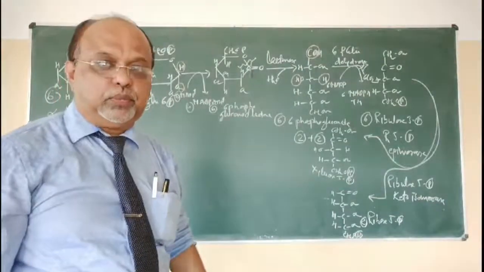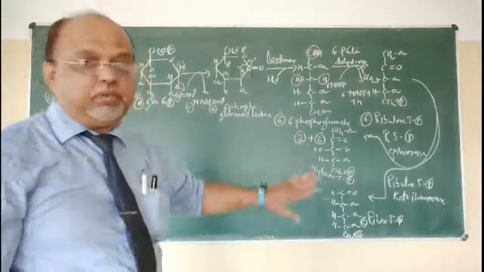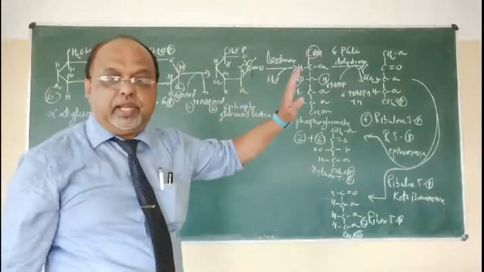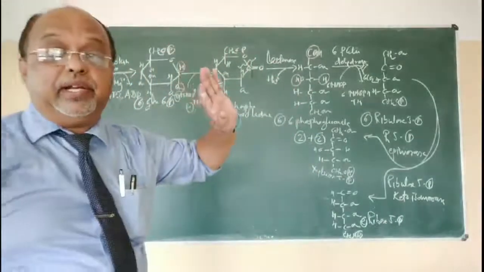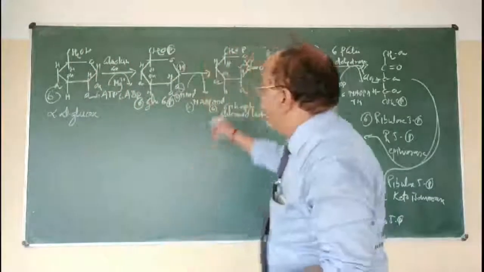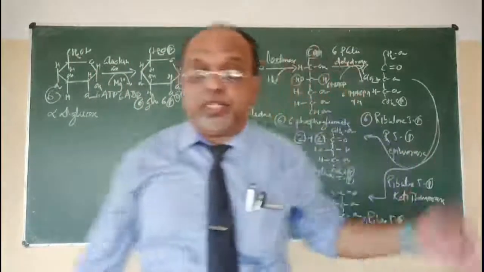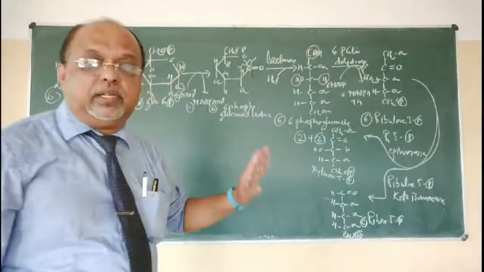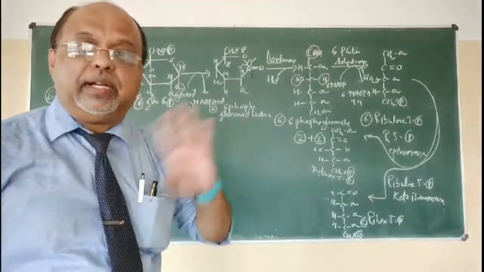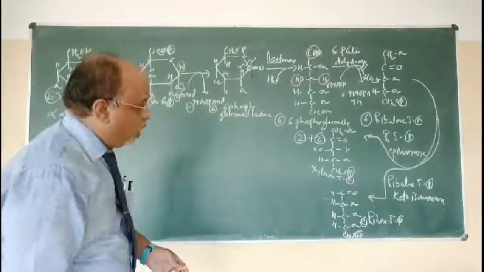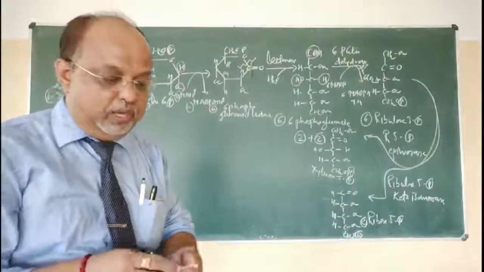Up till this process, epimerization was there, isomerization was there, decarboxylation was there, dehydrogenation was there. So everything was there, which means oxidation was there. But from this point, the remaining pathway shows only interconversion of sugars. Now how and which enzyme is involved in this process?